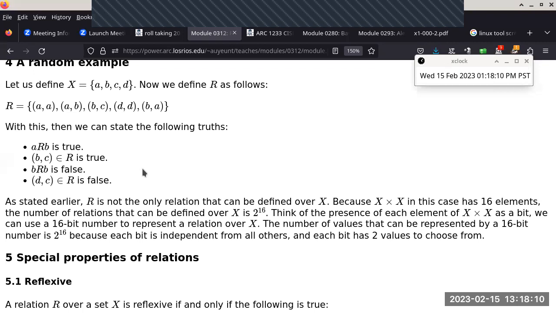We can say B R B is false because I do not see BB as a two tuple in the set. And then BC is in R is also false because the BC as an element, as a two tuple, is definitely missing from R. So this section here, four, is really just talking about the notation and also how do we express whether something relates to something else in a particular set.